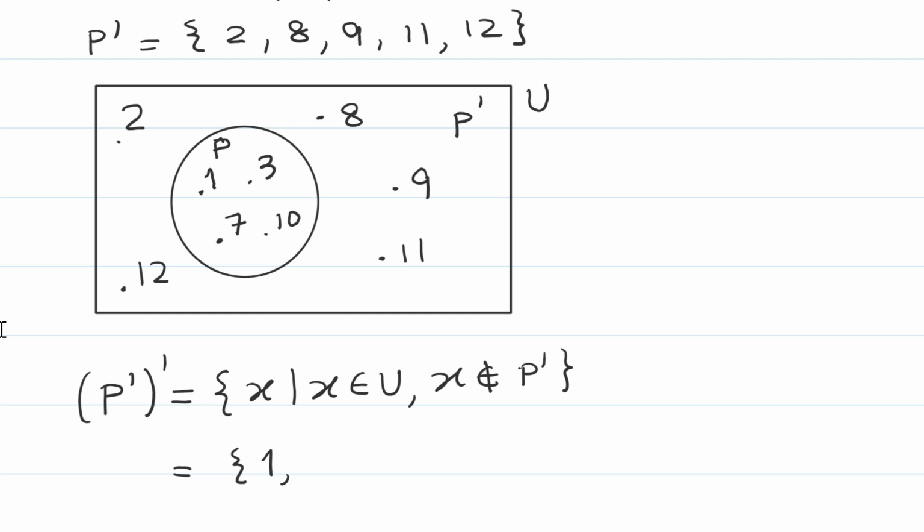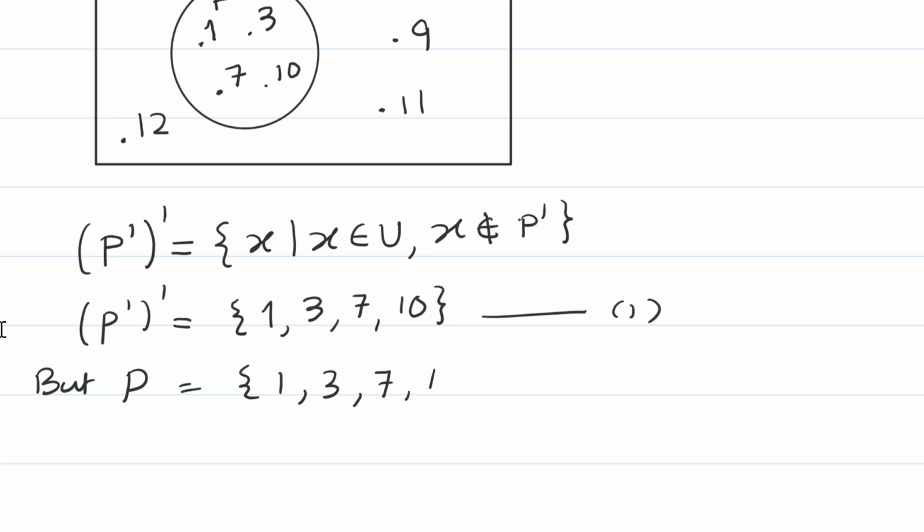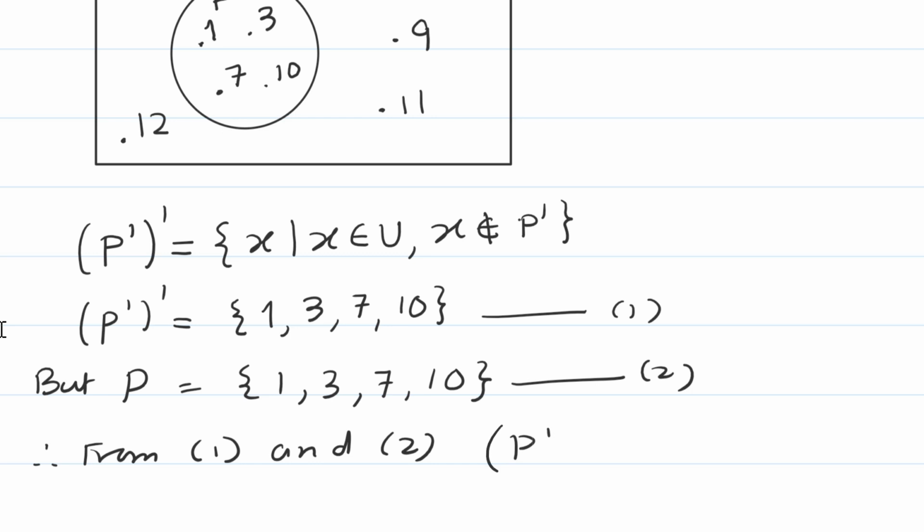So 1, 3, 7 and 10. Assign number 1. But P set is also 1, 3, 7 and 10. Therefore, from 1 and 2, complement of P is P.